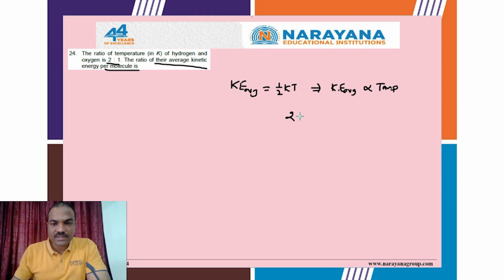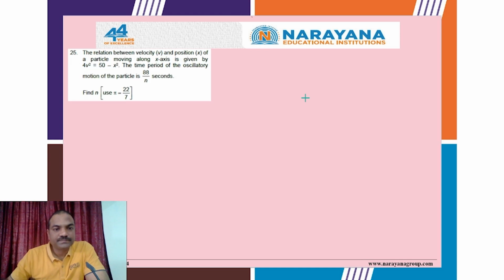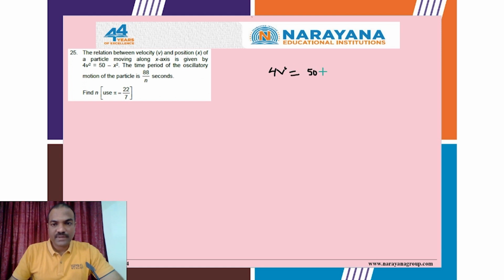So then the answer will be 2:1 for this question. The next question is related to SHM, where they have given the velocity and displacement relation. The given equation is 4v square is equal to 50 minus x square.